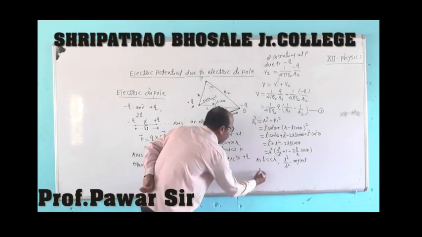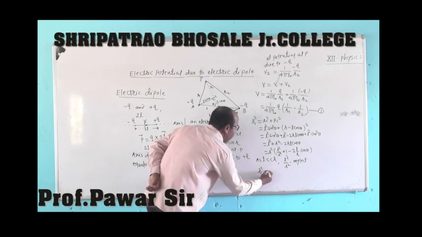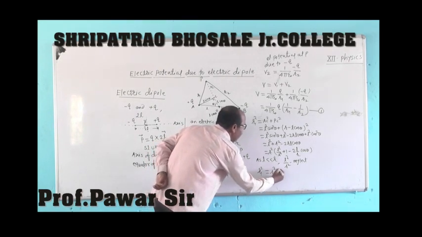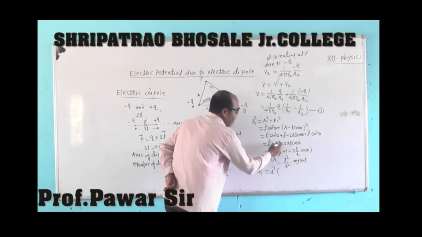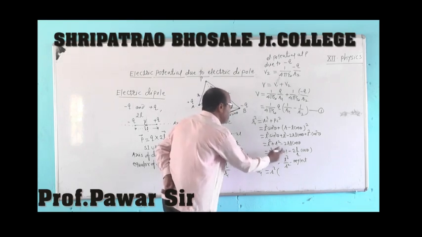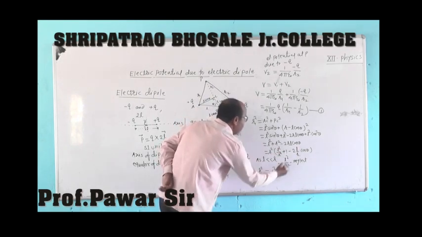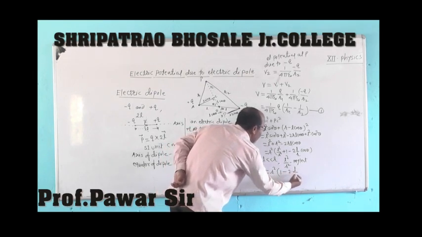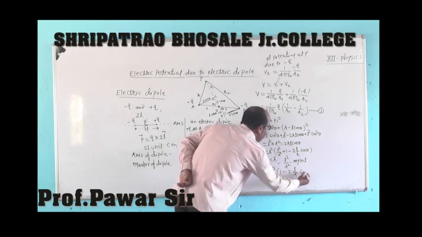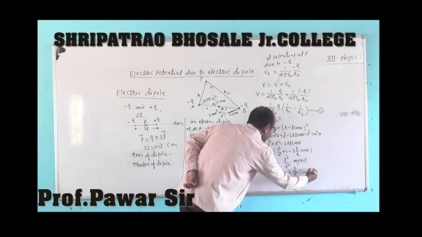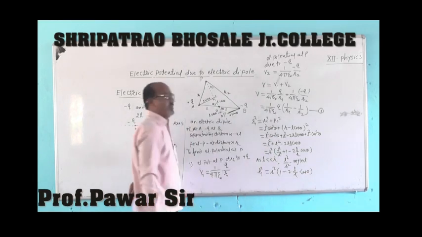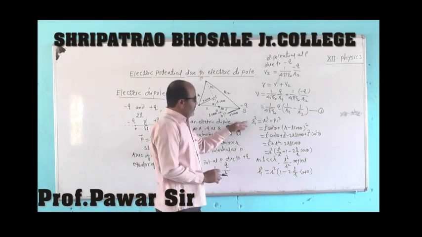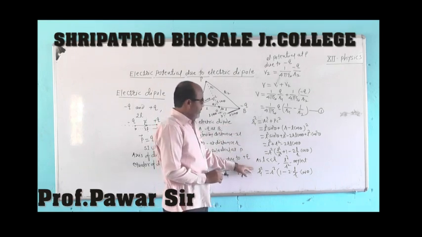So R1 square equal to R square into bracket, this term is neglected because it is very small compared to the other term. It will be 1 minus 2 into L divided by R into cos theta. So this is the value of R1.